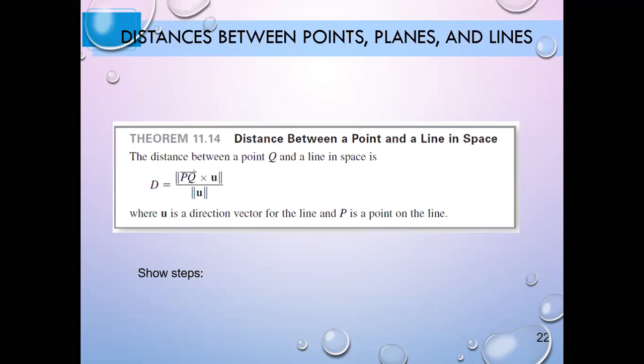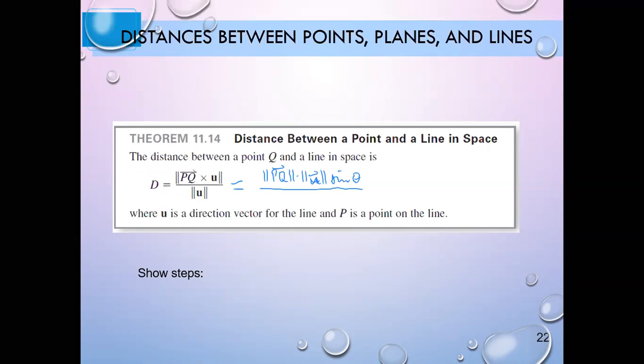So it's PQ crossed with the direction vector, the length of that, divided by the length of the direction vector, which, by the way, if you think about this for a second, here's PQ, here's U, right? Remember, the length of the cross product is length of PQ, length of U times what? Sine of the angle between those things, yes?